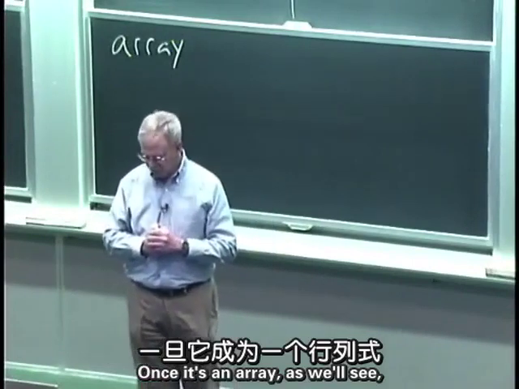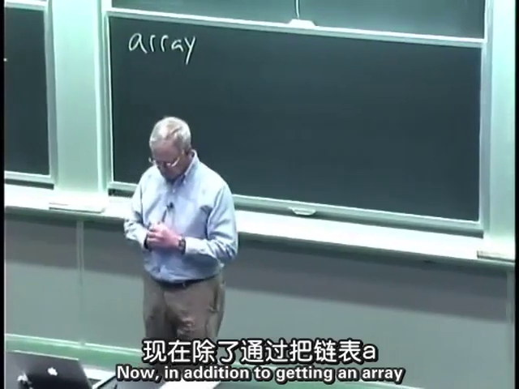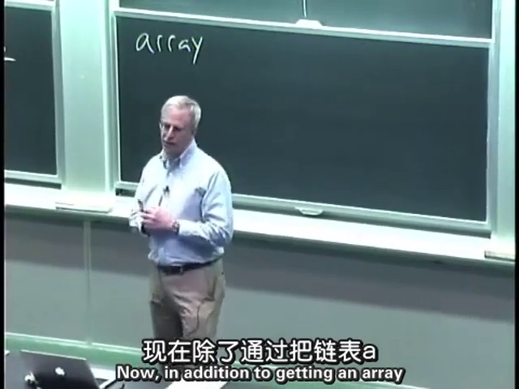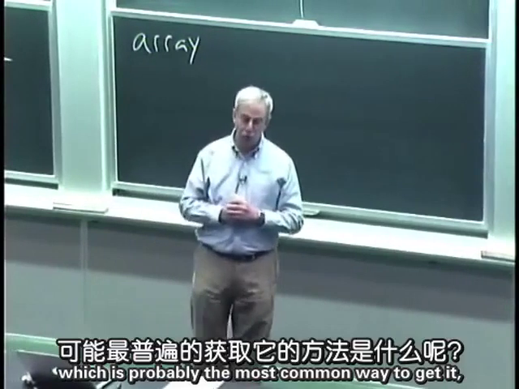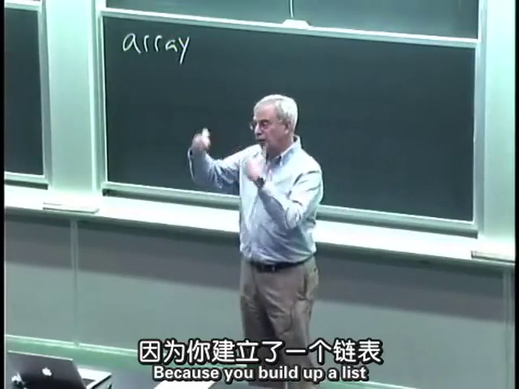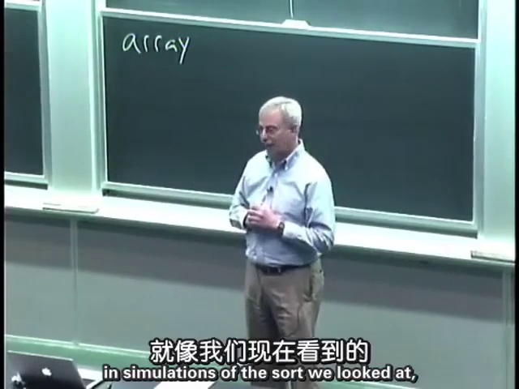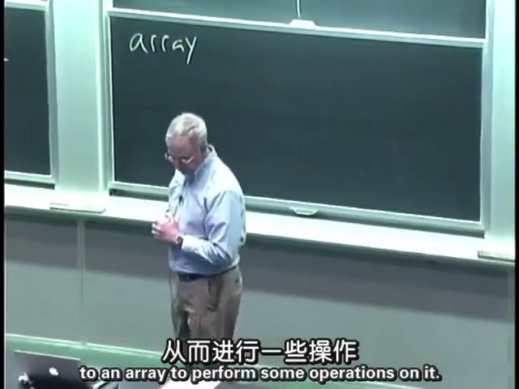Once it's an array, as we'll see, we can do some very interesting things with it. Now, in addition to getting an array by coercing a list, which is probably the most common way to get it, by the way, because you build up a list in simulations of the sort we looked at, and then you might want to change it to an array to perform some operations on it.